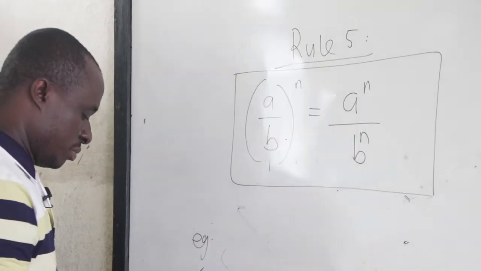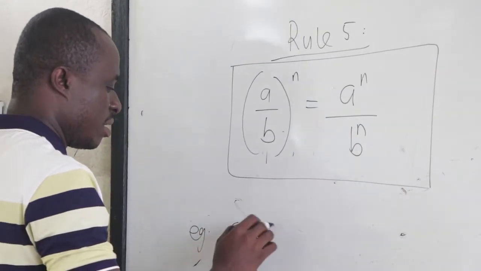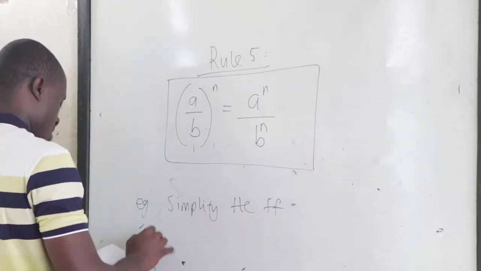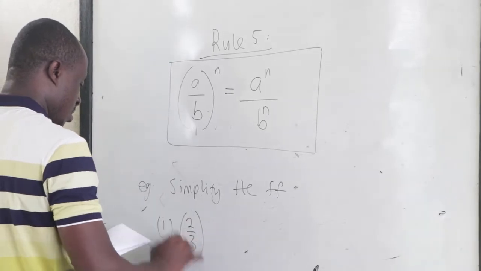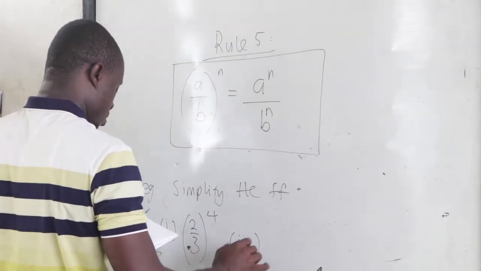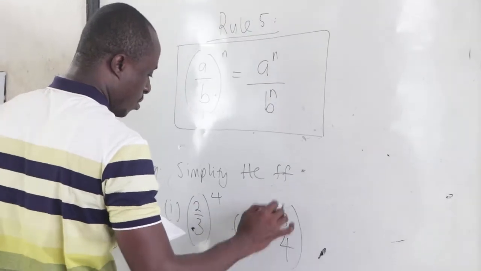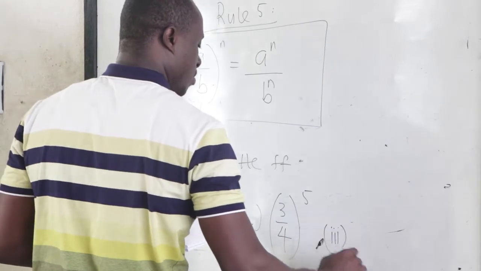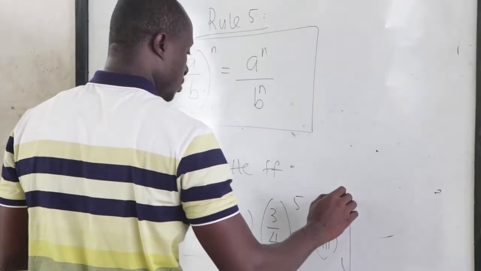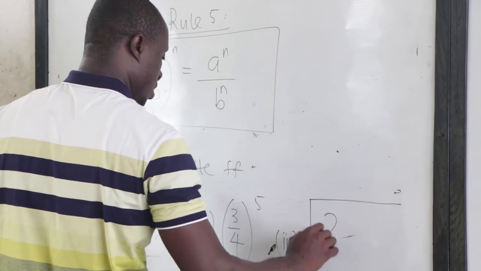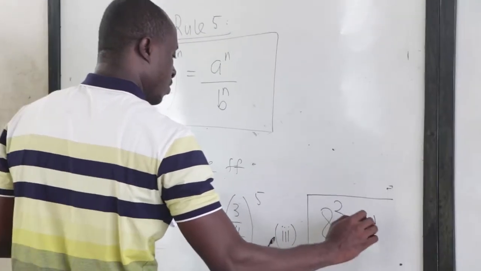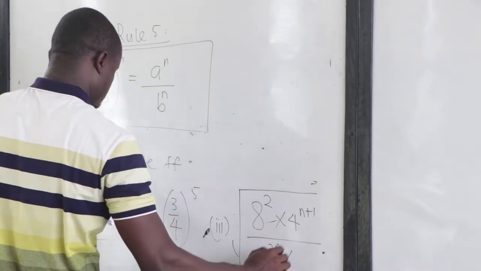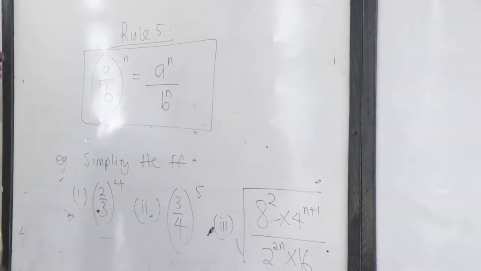An example, let's say simplify the following: (2 over 3) to the power 4, (3 over 4) to the power 5, and the square root of 8² times 4^(n+1) all over 2^(2n) times 16.